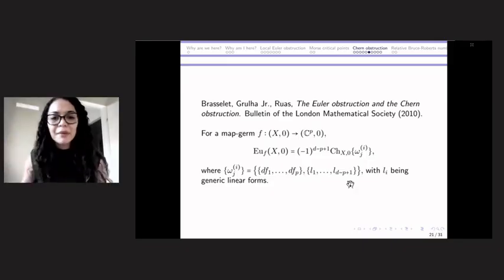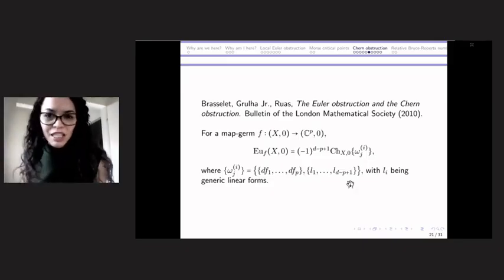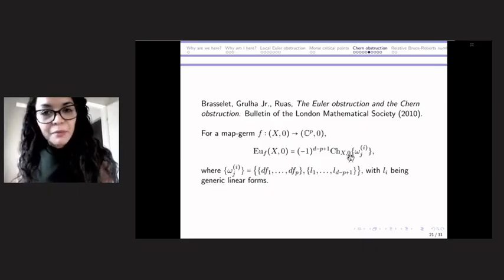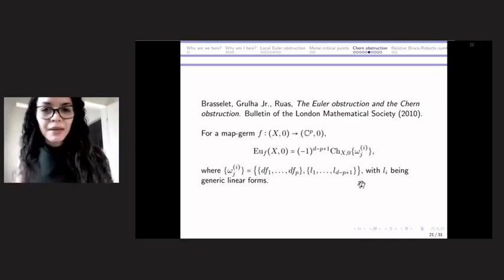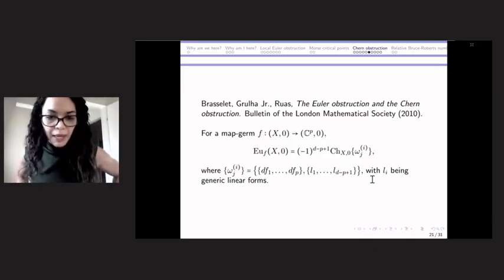We may have a very big, difficult singular set, but you cut with the right number of generic linear forms in order to count the singular points that appear there. Roughly, it would be this, okay?